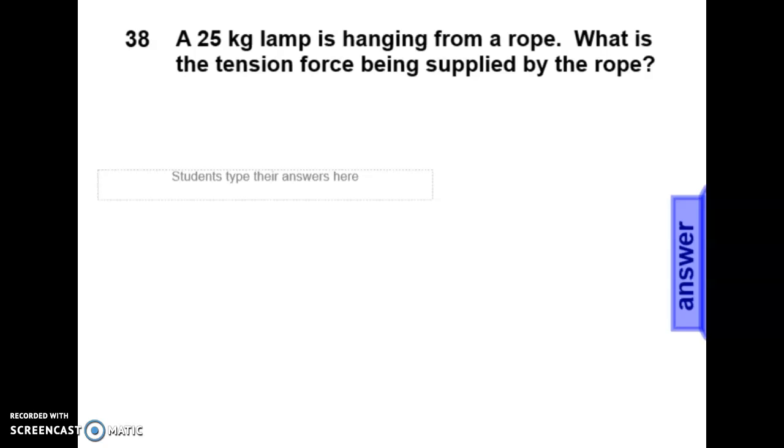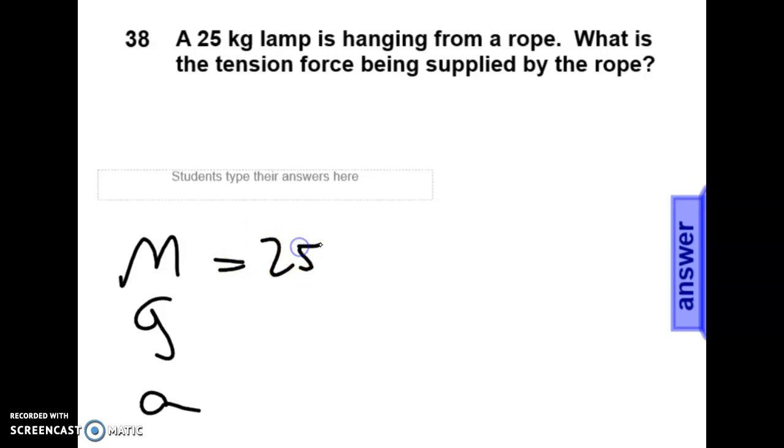We want to look at the tension force being supplied by the rope. Whenever we do these problems, we have to identify m, g, and a. The mass is 25 kilograms, g is equal to 9.8, and because this lamp is just hanging, it's not changing its velocity, so the acceleration is equal to 0.